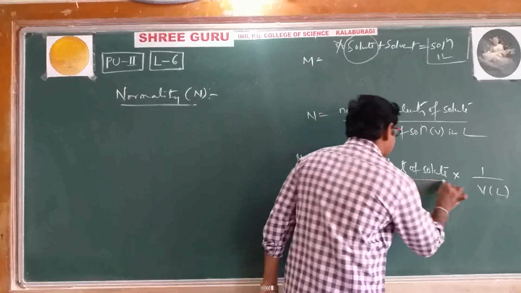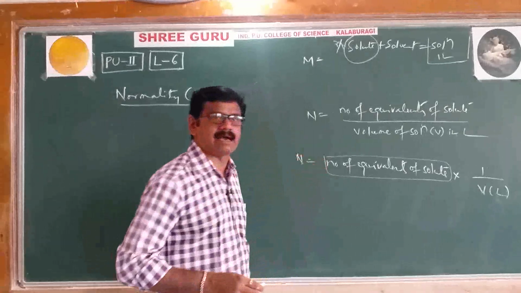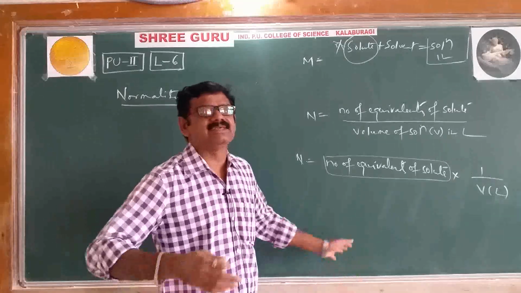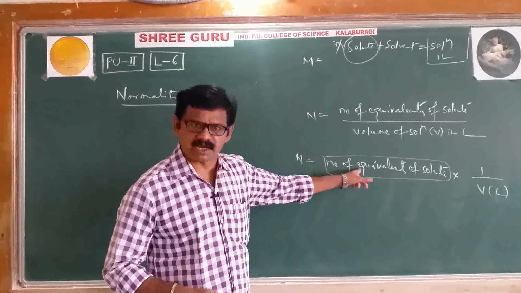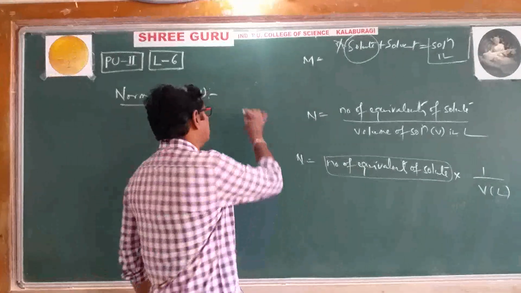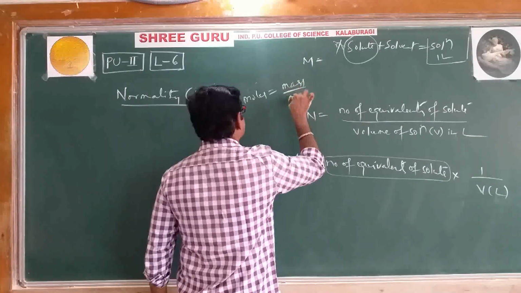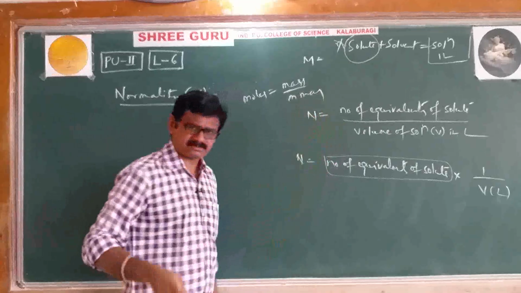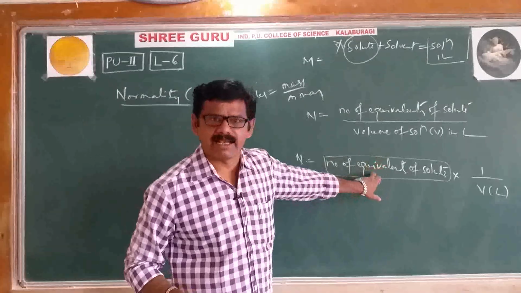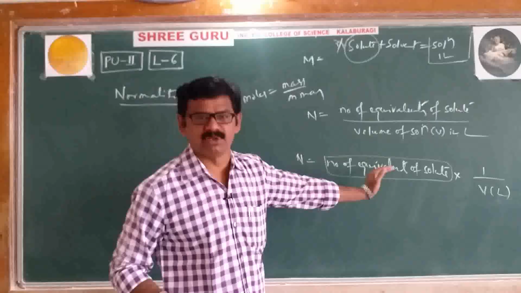Now our target is to understand what is meant by gram equivalents or equivalents. We'll have a specific formula for equivalents. Like how for moles we have written mass by molar mass, exactly, for equivalents also we have a suitable formula.